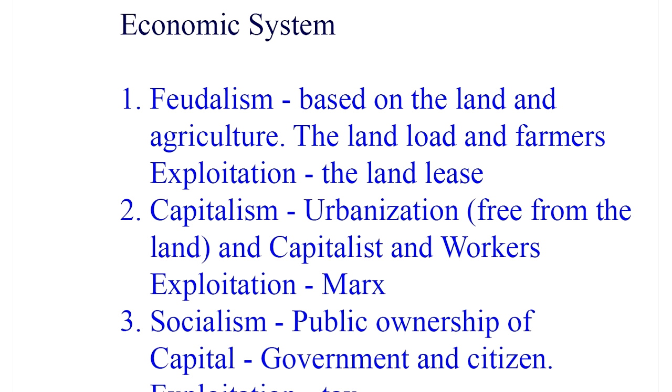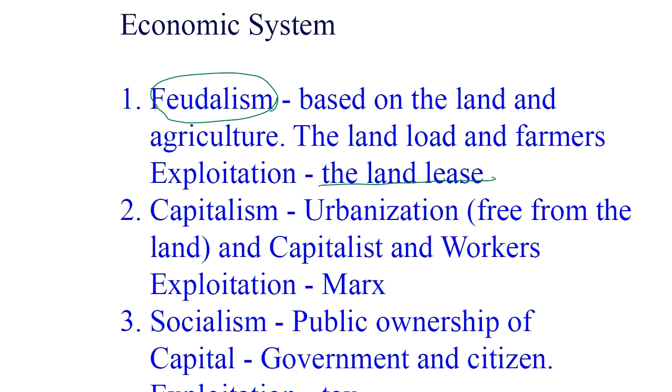Now, in Europe, we had feudalism, and feudalism is that the nation's king has many kings all over. Many kings or noblemen are the owners of the land, and all the farmers work on the land. It's a land lease and they need to pay tax.